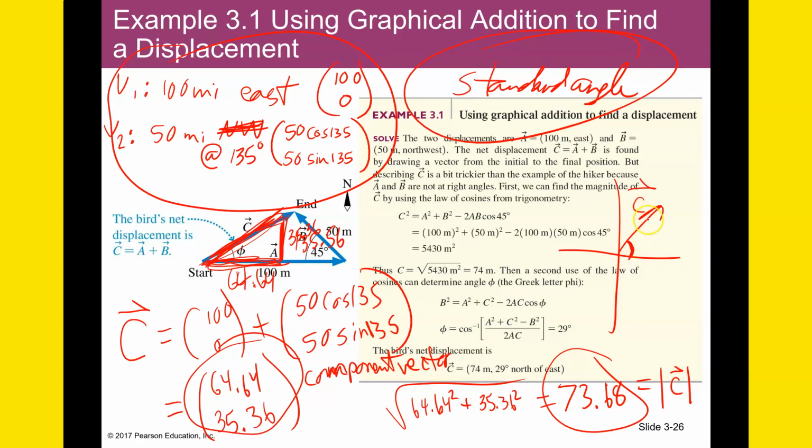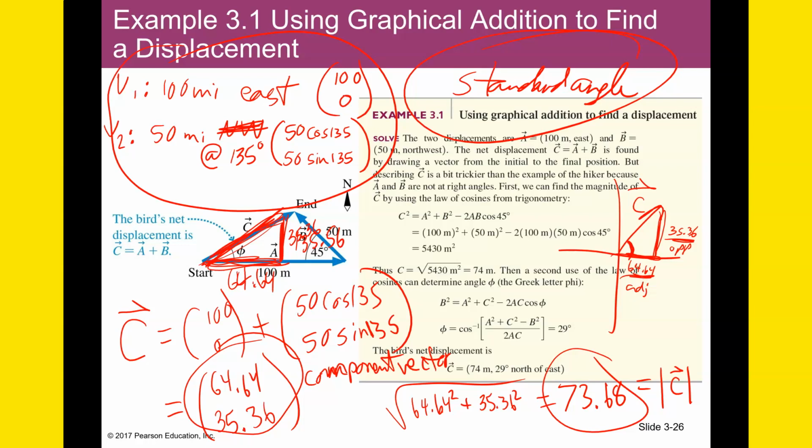So the way that I would do that, I'm always going to just be thinking about this thing as a right triangle. These are the legs of the right triangle. Here's the vertical leg, 35.36. Here's the horizontal leg, 64.64. And the vertical leg is always the opposite. The horizontal leg is always the adjacent.